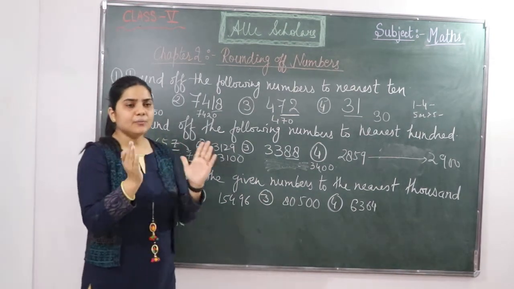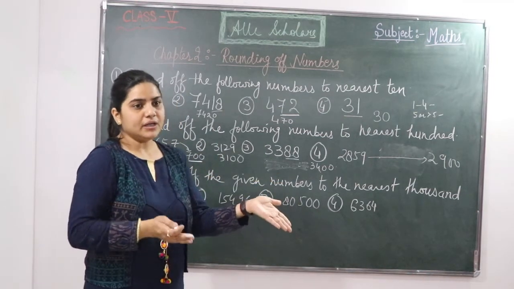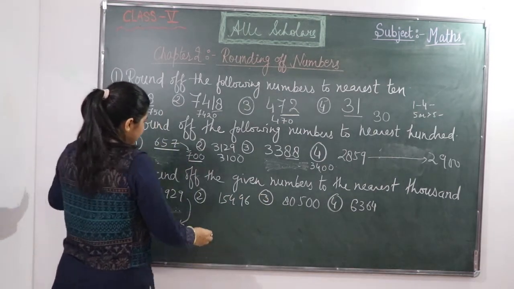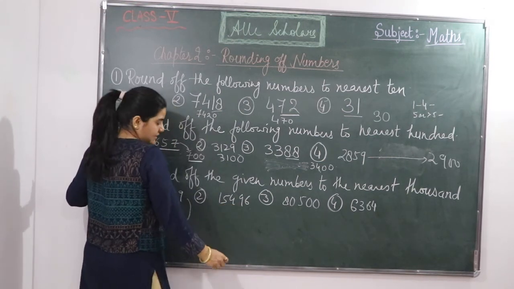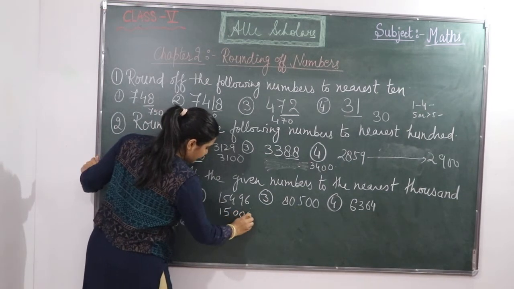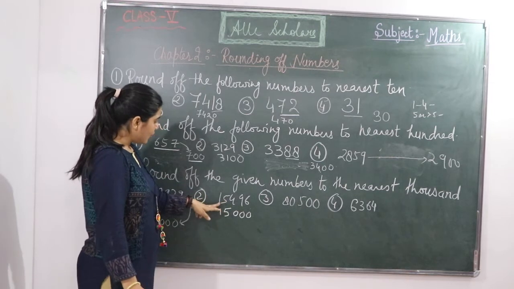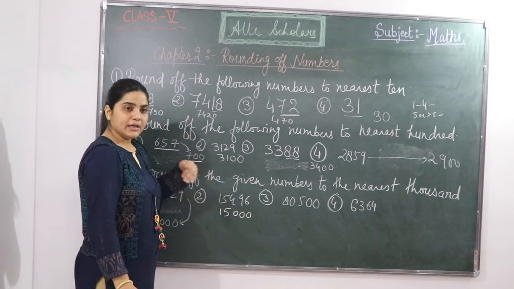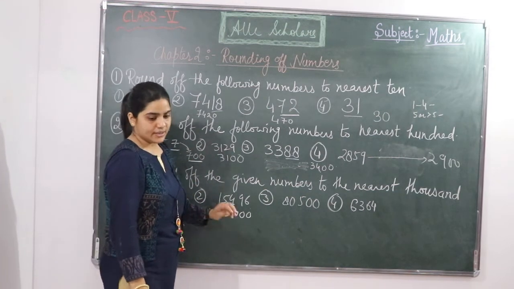You have to see both aspects, whether it is near to the lower number or the higher number. Next is 15496. If we go for 16,000, it will be more, so we will go for the lower side, 15,000.